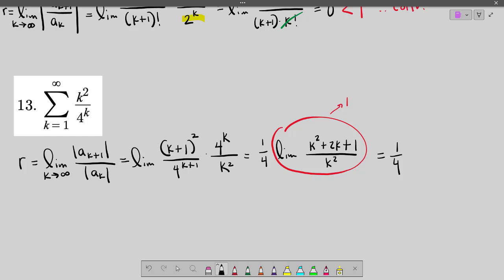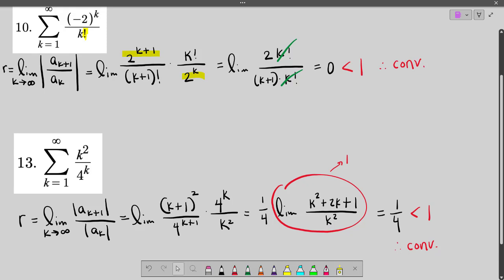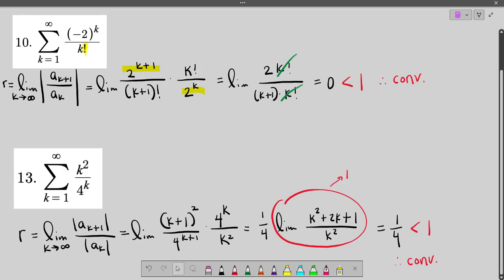Then we compare it to 1. That's less than 1. Therefore, converge. Let's think about these intuitively. Polynomial over exponential. Yeah, convergence makes sense.